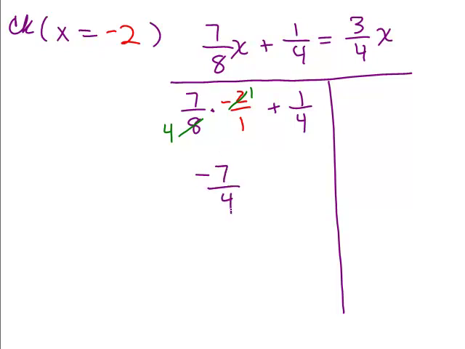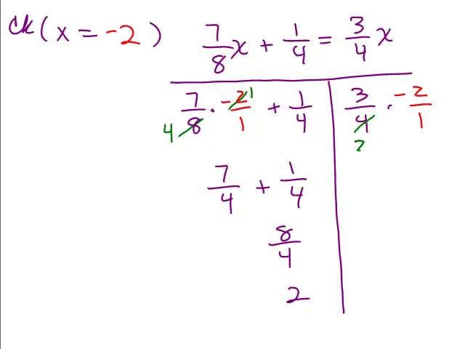Don't just put 7/4. In fact, I'm going to put 7/4. Let's say somebody made a mistake. Show what happens. What will happen if we do that? That gives us 8/4, which is 2. But when we do the right-hand side, I'm going to put a negative 2 over 1. I see I'm not going to get the same number on both sides. So you can cancel here 2 and 1.